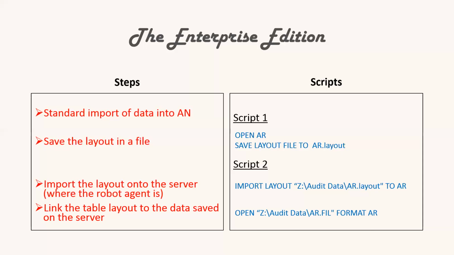We were very careful when we created script 1 and script 2, especially script 2, to make sure we created this AR table and this layout and everything where the robot agent is on ABC Bank's server. So let's just be clear. Even if we host our data strictly on ABC Bank's server, they still need to have a subscription to robots.